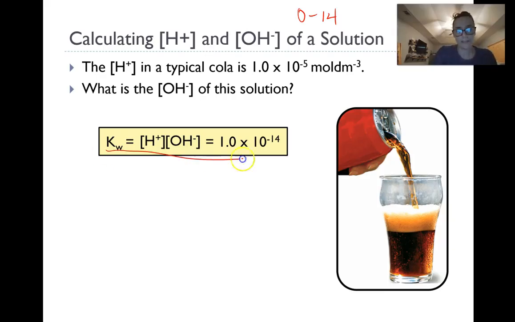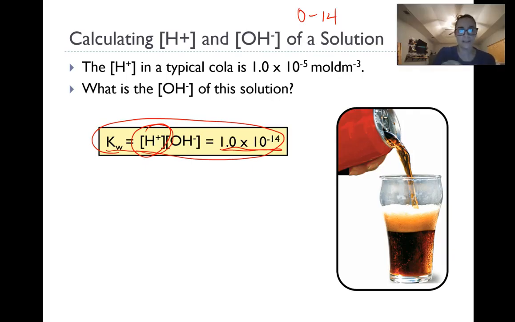And it's all based upon this dissociation of water, right? This Kw factor. So what you have to do is take the concentration of hydrogen ions, and use our Kw of 1 times 10 to the negative 14th and just solve for the unknown.